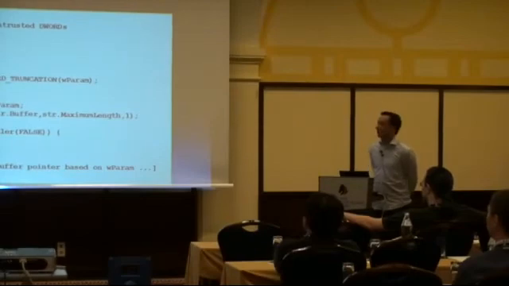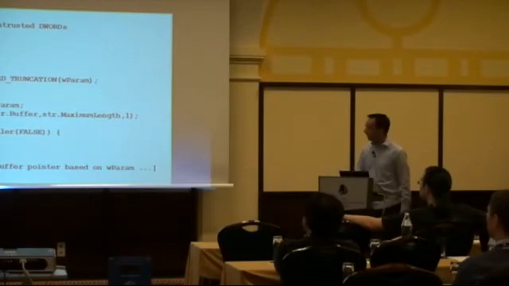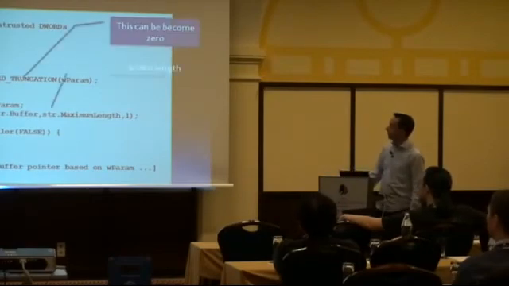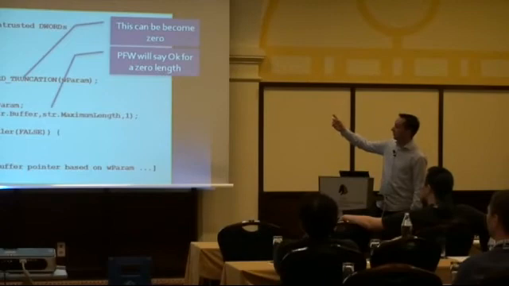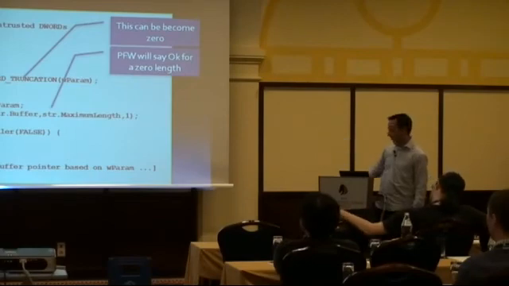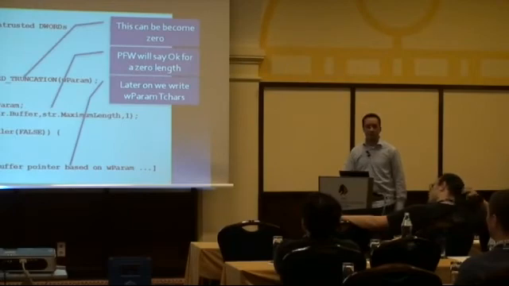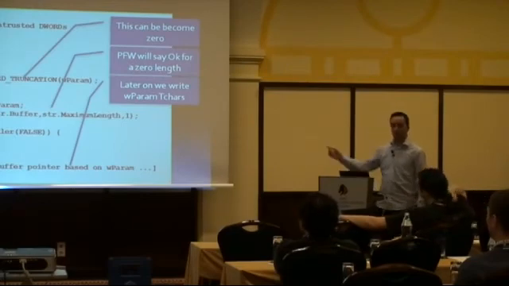The maximum length is going to be 0, and we are going to probe for write a pointer, attacker controlled, with a length of 0. But let's imagine that later we are going to write based on WParam. Is this one clear?